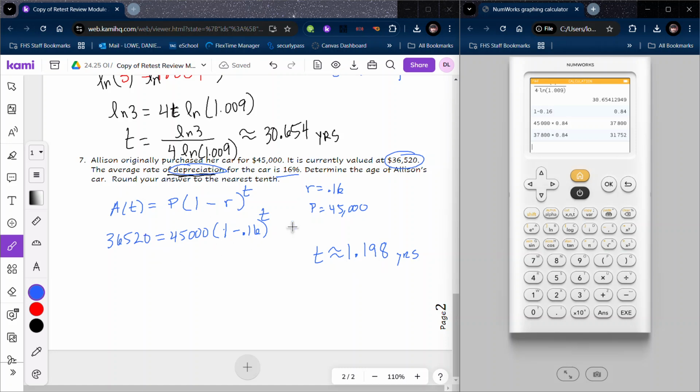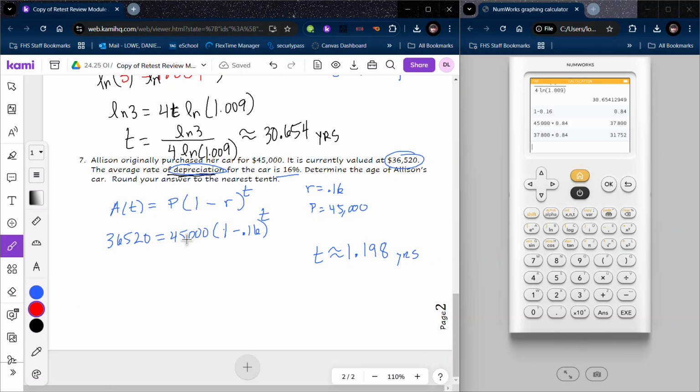All right, if I was going to solve this by hand, I could divide both sides by the 45,000. So 36,520 divided by 45,000 needs to equal 0.84 raised to the t power, right?